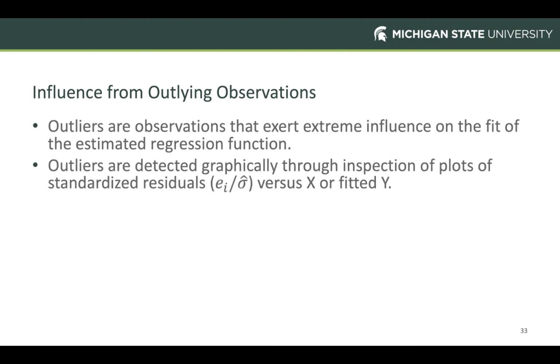We can identify this graphically by standardizing our residuals. We simply take each residual and divide by its corresponding standard error, or in this case, the standard deviation of those error terms, which is just sigma hat. You may recall we could get sigma hat by calculating our mean squared error from the ANOVA table and taking its square root. In looking at these values, we should see that they generally fall within plus or minus 2 standard deviations.